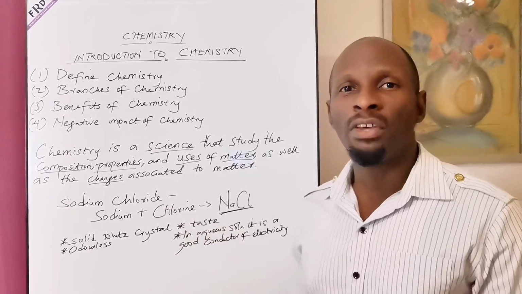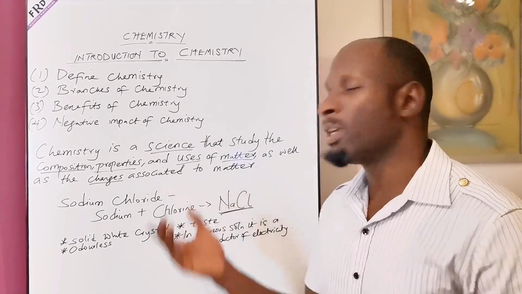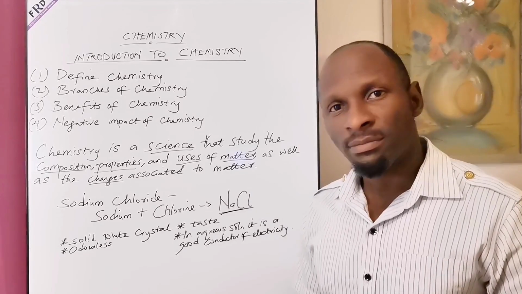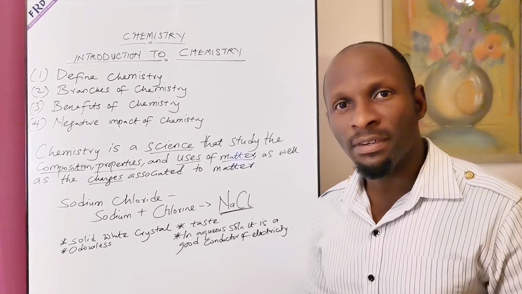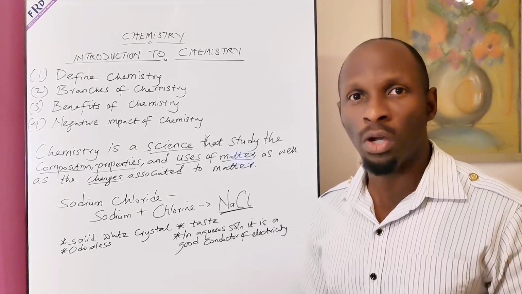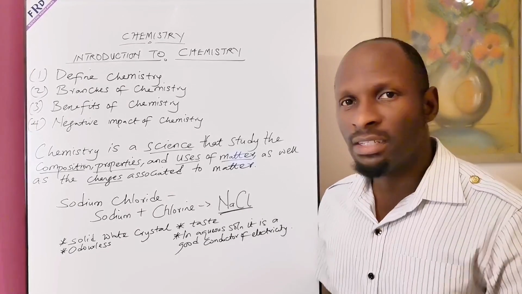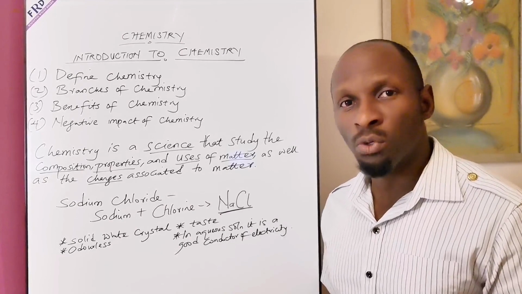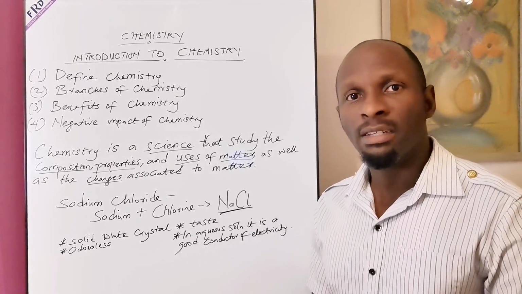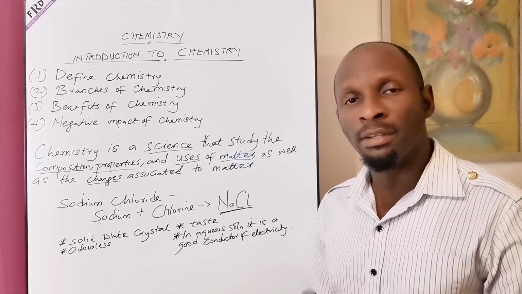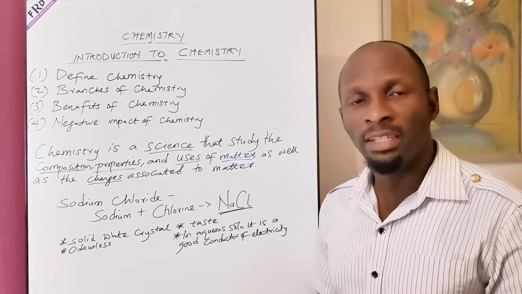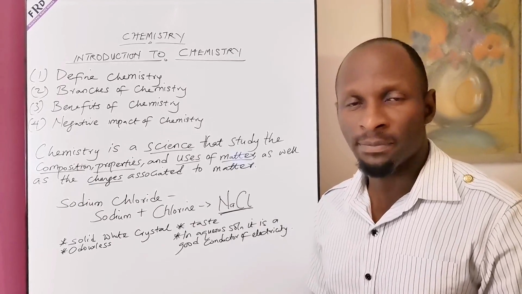Then when you talk about the uses, what do we use the table salt for? We use the table salt as a preservative and as a flavor when we talk about food. Then the sodium chloride serves as an ingredient in the making of cleaning products like shampoo and toothpaste.